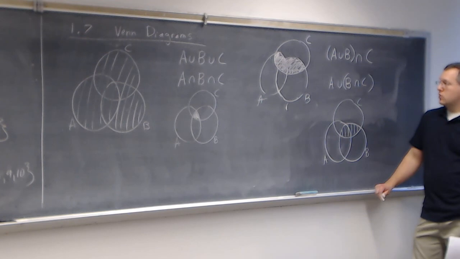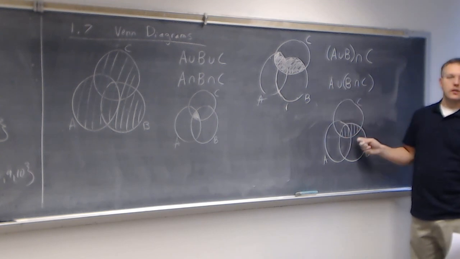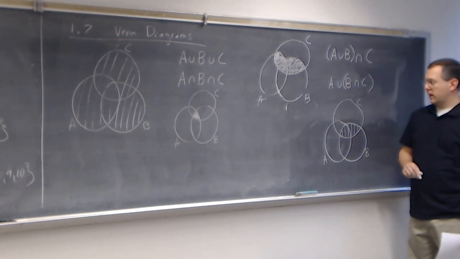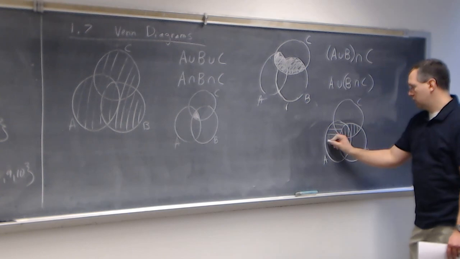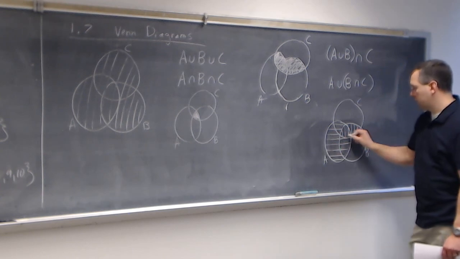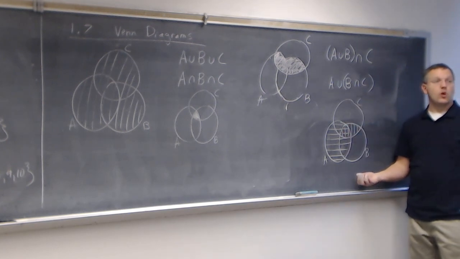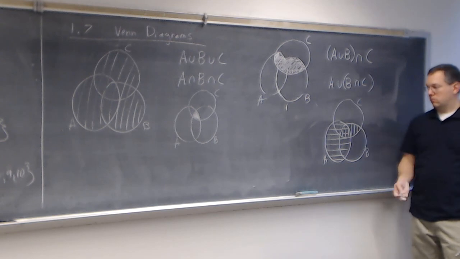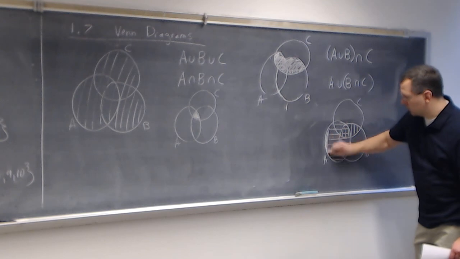Now union A. So any element in this set is in A or it's in this set. So what do I need to add? All of that. Yeah. So anything that got shaded at least once is in this set. Okay. So let's play.